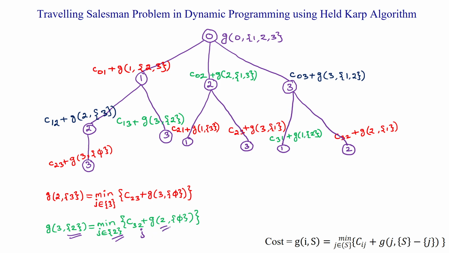Then here g of j, you check this formula, and here you got the empty set, because you are having only one option, 2 is the j value, minus the j, which is also now visited. If it is visited, then you have to subtract that. When you are subtracting that, you will get 0. That means the set cannot be represented as 0, so we are going to represent it with the empty set.